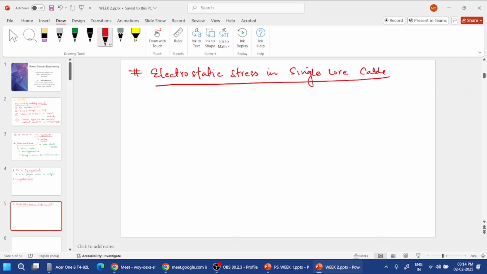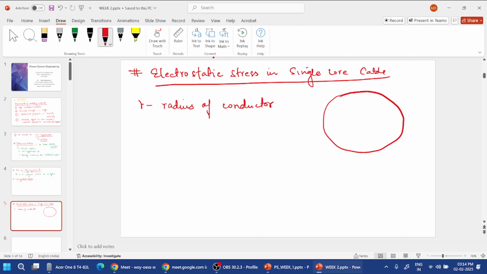So basically, let there be a conductor whose radius is r. Let r be the radius of the conductor. I will explain in brief, then we will solve some questions on that.